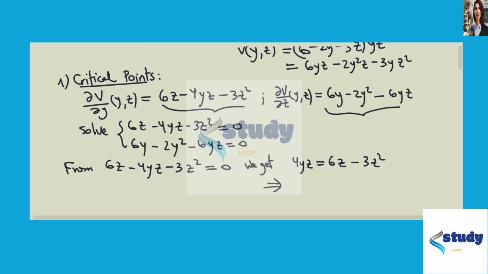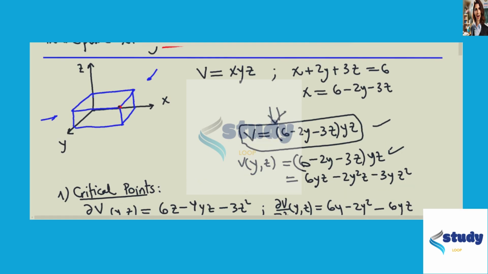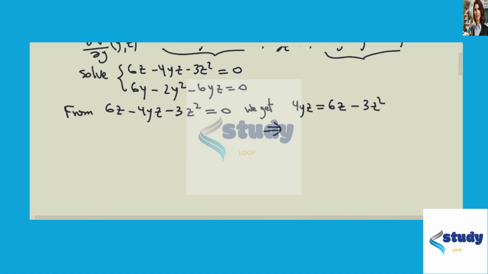Z cannot be 0 because if z is 0, if any of the variables in fact is 0, then the volume will be 0, and that's not the maximum possible value of the volume. In fact, for any of the variables 0, we won't have a rectangular box at all.